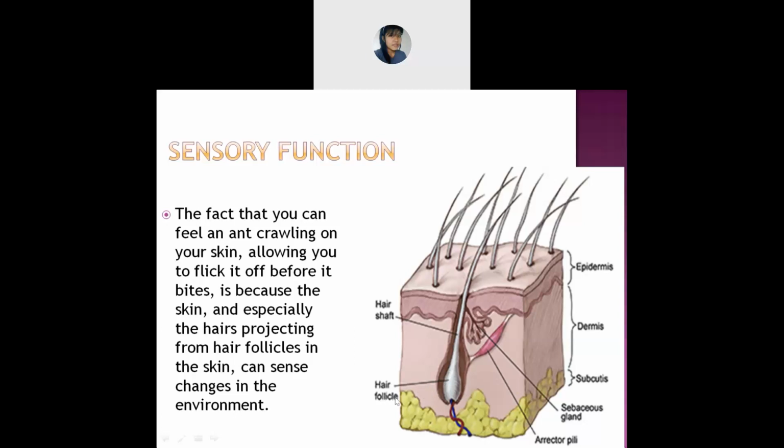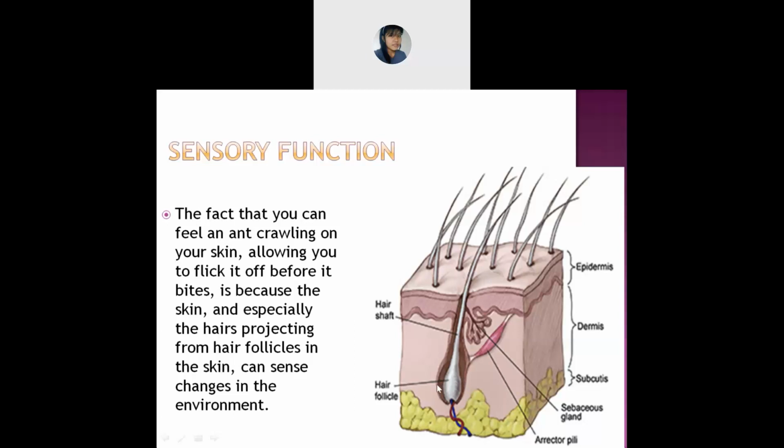So the hair follicle helps you in sensing that particular object which is crawling over your skin, so that you can sense the changes occurring in the environment. Is it clear till here? Clear or not?